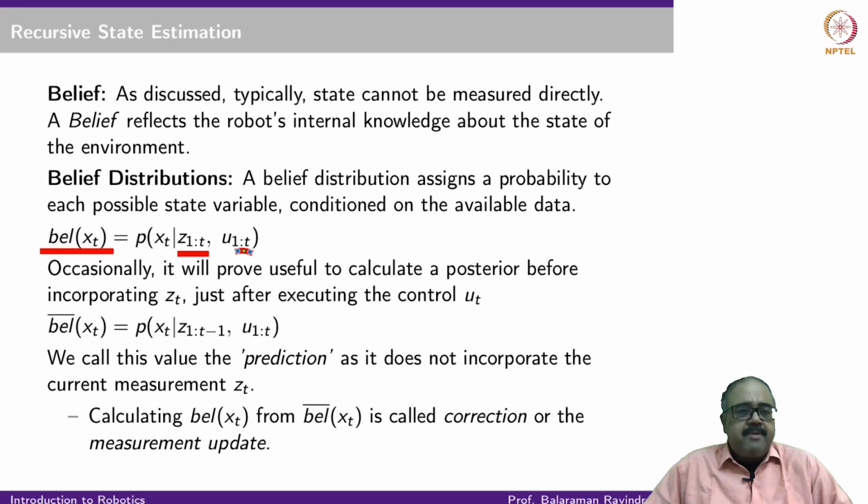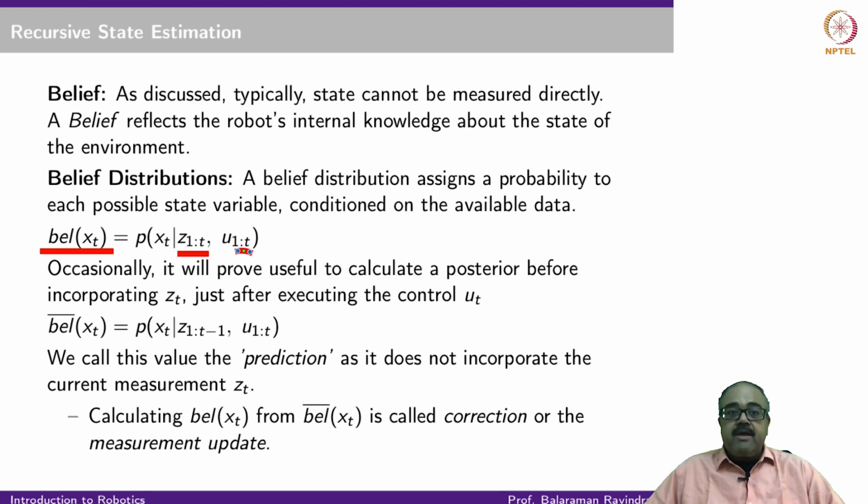And just keep in mind that when I say belief xt, it doesn't really mean that the robot is actually in two different states with some probability, right? The robot is always in one state. The robot is not a quantum robot that it can be in multiple states at the same time. The robot is always in one state. It's just that it doesn't know what the state is. So the belief does not encode the actual position of the robot.